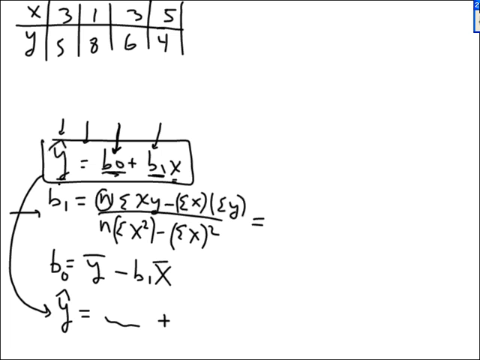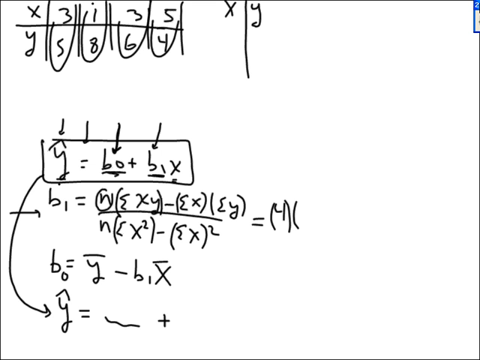b1 starts off with n. n is 1, 2, 3, 4. n is 4. Now, I have to multiply the n by the summation of xy. Well, I don't have the products yet. The x's are 3, 1, 3, 5, and the y's are 5, 8, 6, and 4.